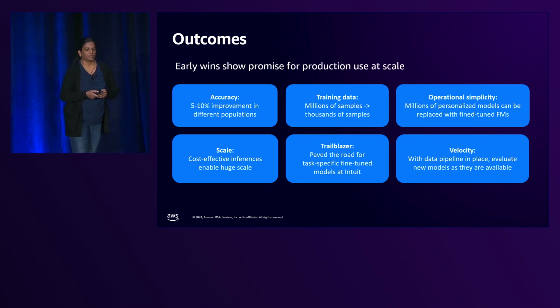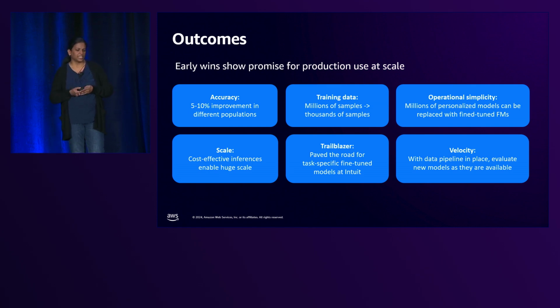We are seeing that the models are able to show 5 to 10% improvement in accuracy across different populations. In traditional ML scenarios, we had to use millions of samples to train those models, whereas with LLMs, we only needed thousands of samples. And again, as we saw earlier, we operate 4 million personalized models, 1 per small business. With a fine-tuned model, we can potentially replace that solution, reducing operational complexity.